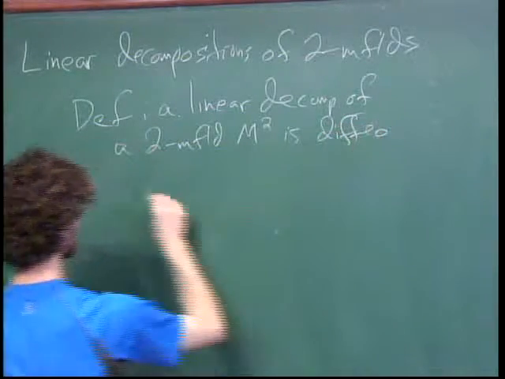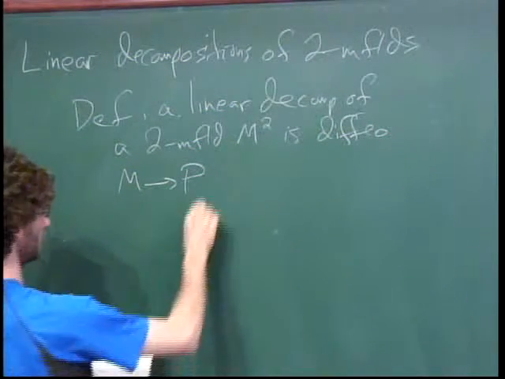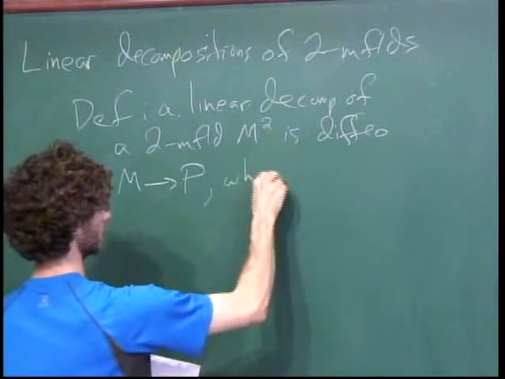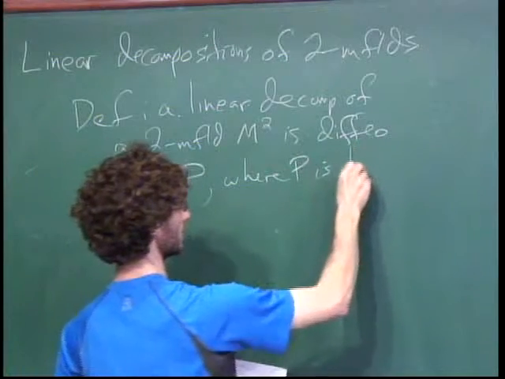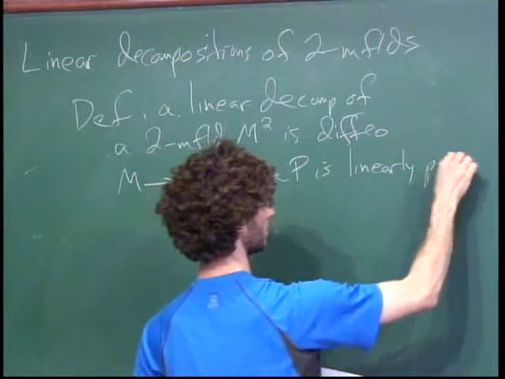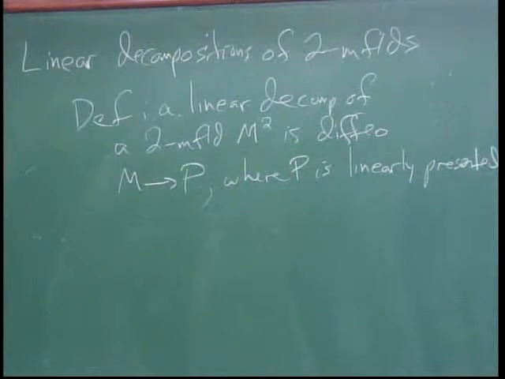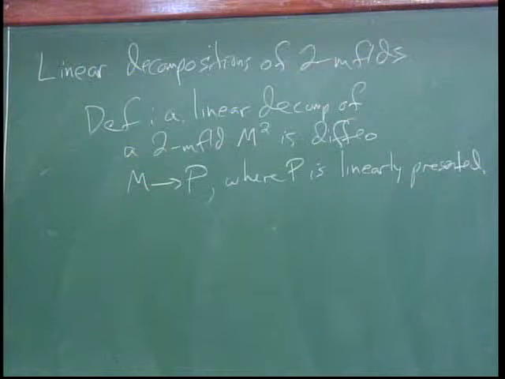So it's a diffeomorphism from M2 to some other manifold I'll call P, where P is a linearly presented two-manifold. Of course, this definition doesn't tell you anything until I tell you what a linearly presented two-manifold is.